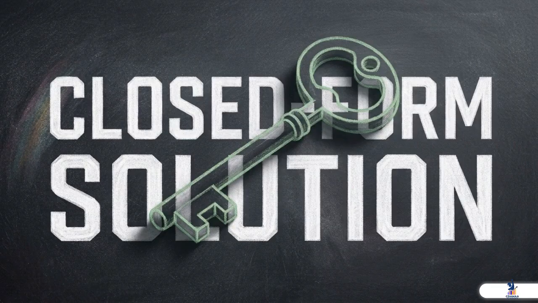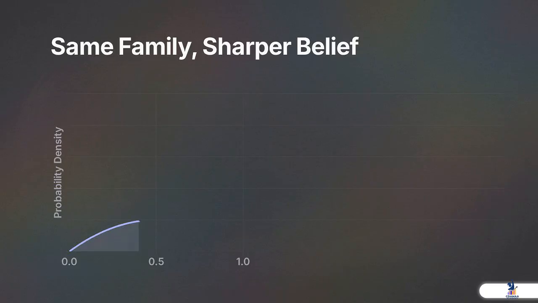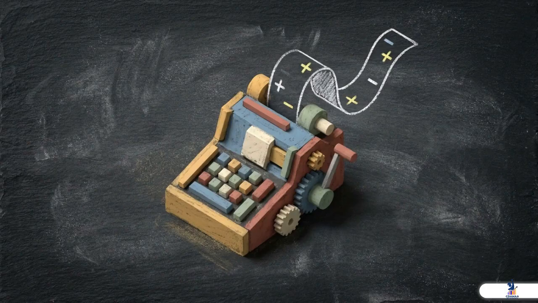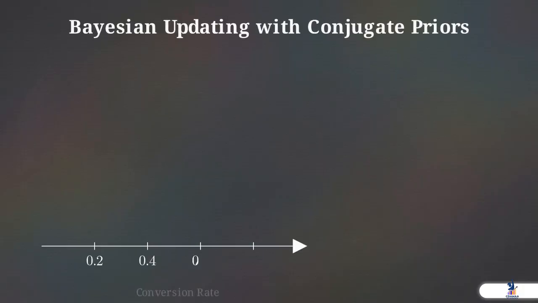To bypass that integration, statisticians rely on a mathematical shortcut known as conjugate priors. Conjugacy occurs when the prior distribution and the resulting posterior distribution belong to the exact same mathematical family. When this rule applies, updating your belief requires only basic arithmetic. Observe a beta binomial conjugate pair.